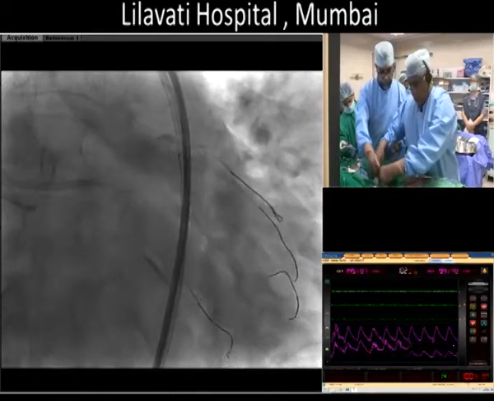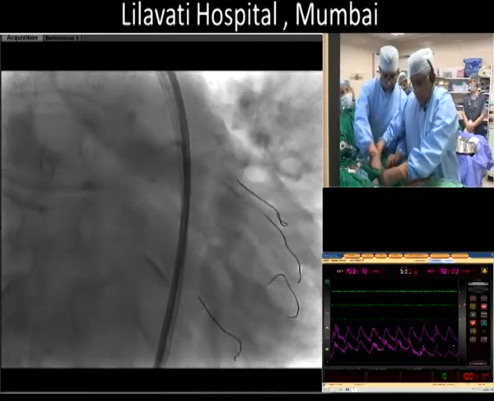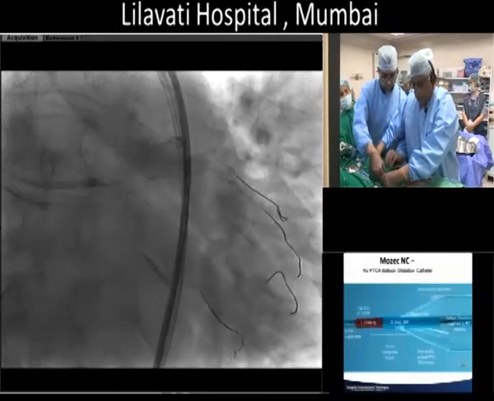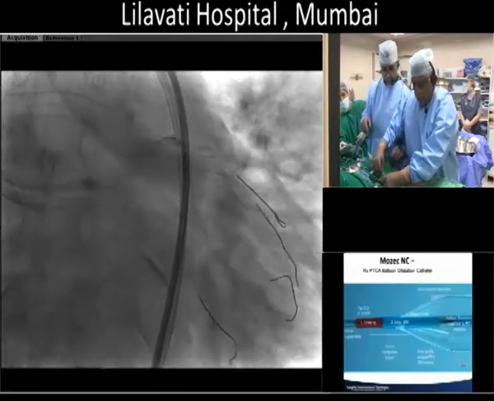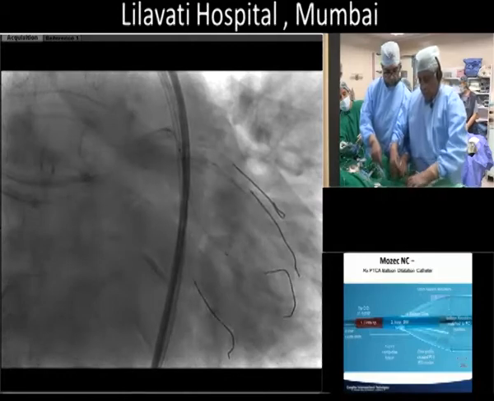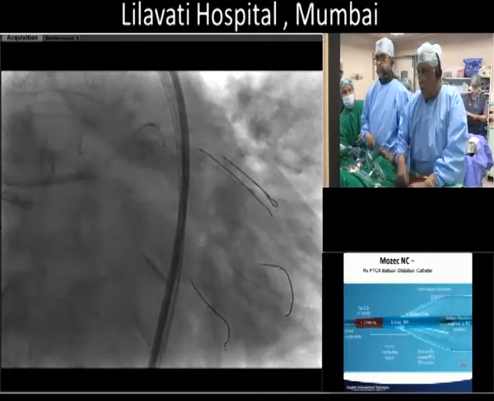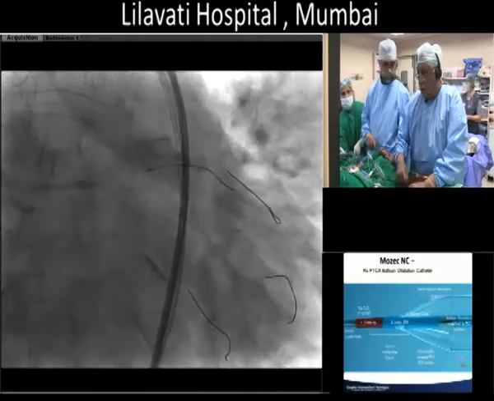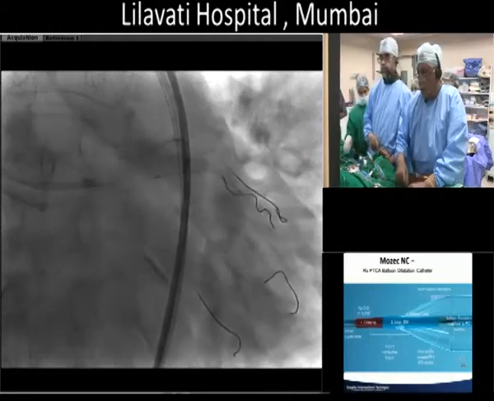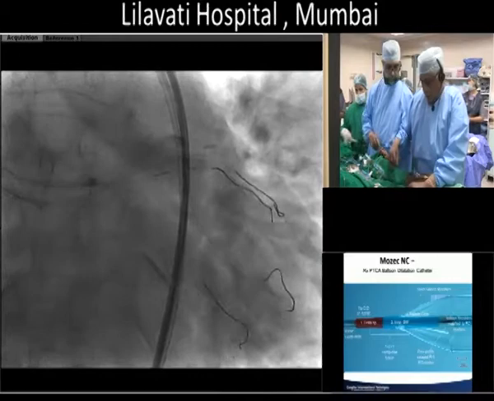So again, this is going to be a 2.0 Biomime by 24 or 2.25 by 24 that goes in the circumflex. And your plan is to nail the ostium of the circumflex in an LAO caudal view. This is the way.